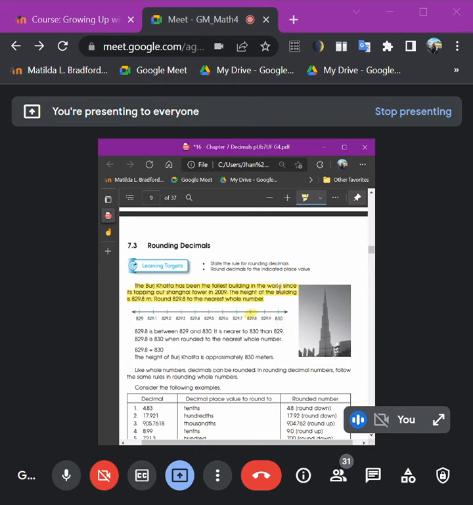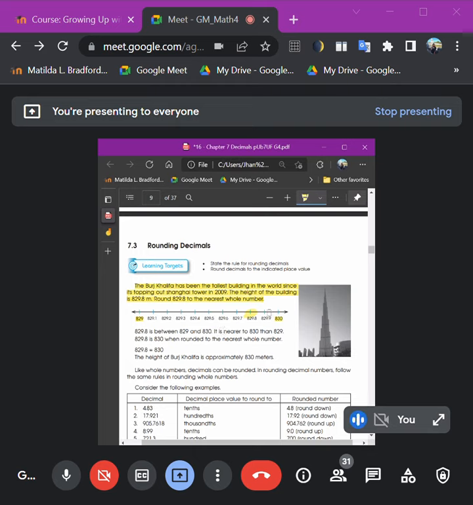So dapat kuno ato siyang i-round into the nearest whole number. So ang duol raman nato nga whole number diha class is you have there this one that is 829 and then we have 830. And then mao ni atong isa ka whole number diri which is 829. And this one is 830. Mao man na siya whole number, di ba?